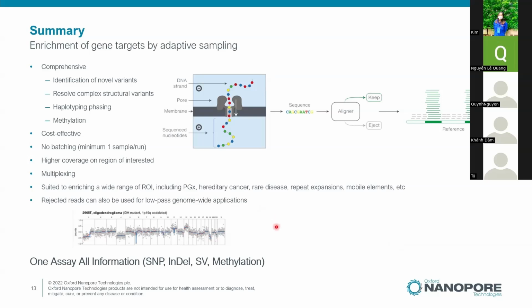You will get good coverage depending on the coverage you set, 30x, 50x. At the same time, you also get these off-target reads for low-pass genome-wide analysis. Then you can do genome-wide imputation for PRS applications. So this is really a very powerful tool that a lot of customers are very interested in optimizing to develop assays.